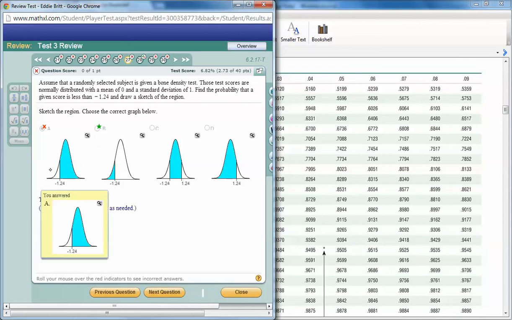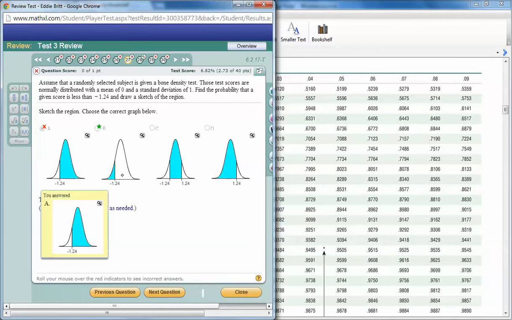So this problem wants to know the probability that a given score is less than negative 1.24. Now, for all of these graphs, the mean is 0 and the standard deviation is 1. That's why they don't look like a regular bell curve. We want to know which graph has the area to the left of negative 1.24 sketched and shaded.